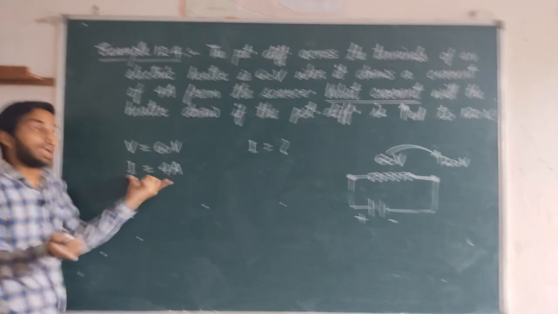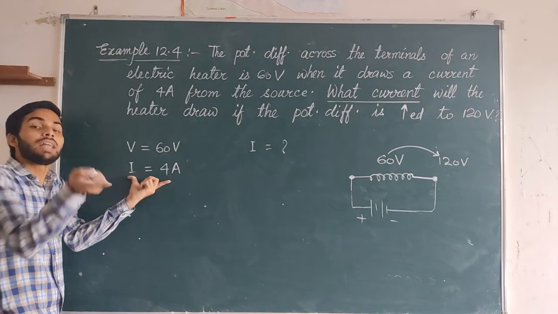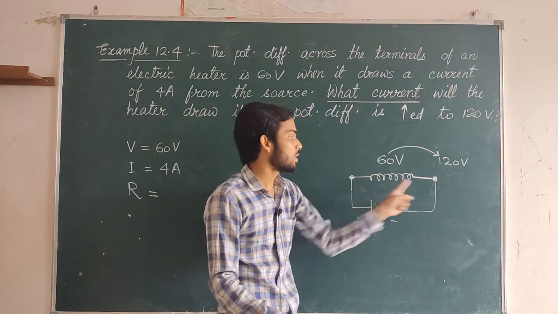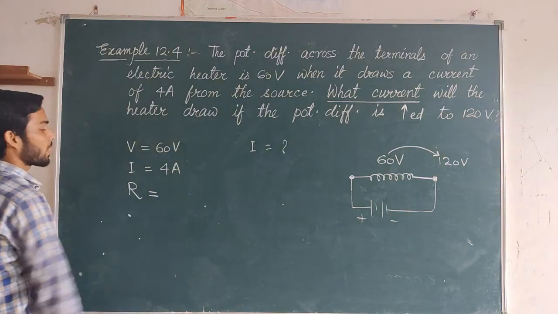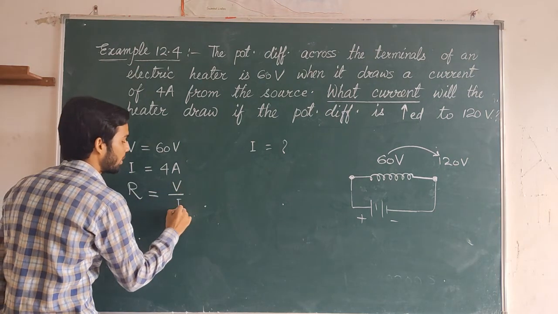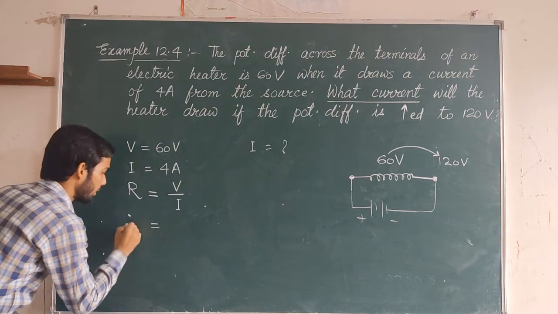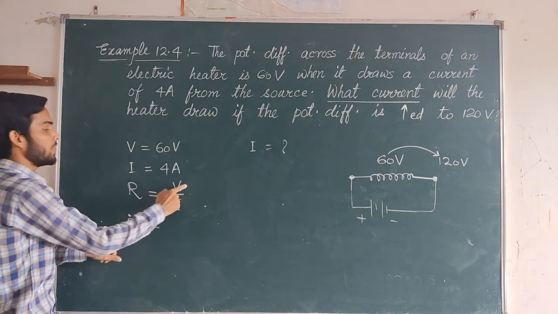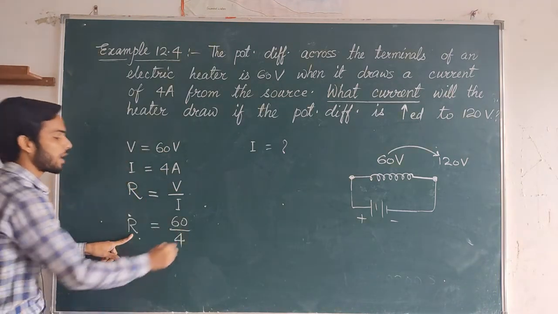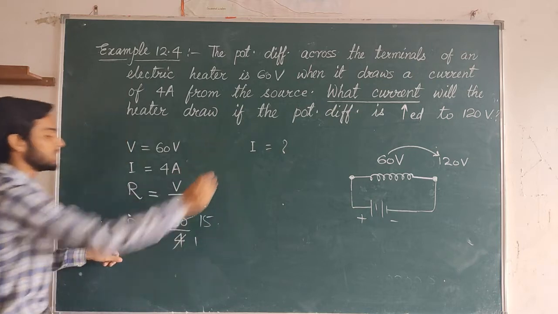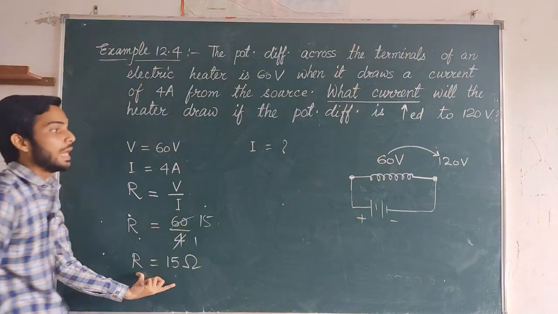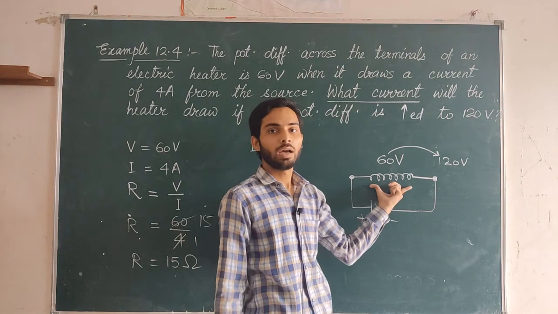So in that case, the resistance of the heater will be, according to the formula, V upon I. V is 60 upon I, that is 4, and by cancelling out, 4 fifteens are 60, R is equal to 15 ohm. What we calculated here is the resistance of the electric heater.